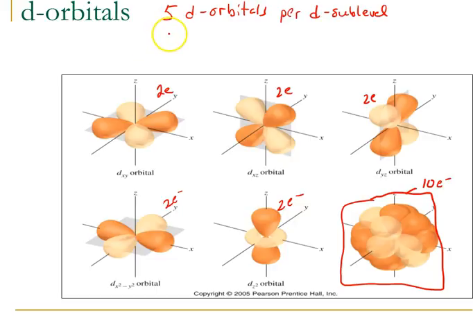These are found on energy level 3 and higher. No d sublevels or d orbitals in energy levels 1 and 2.